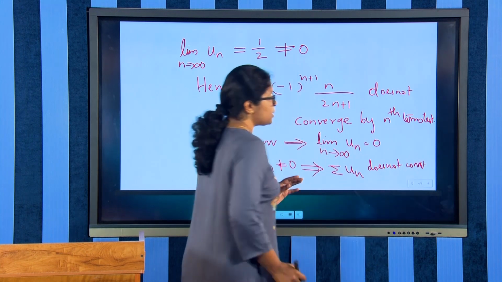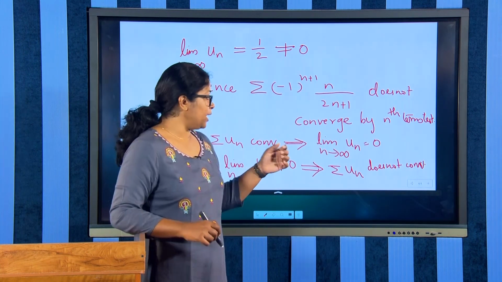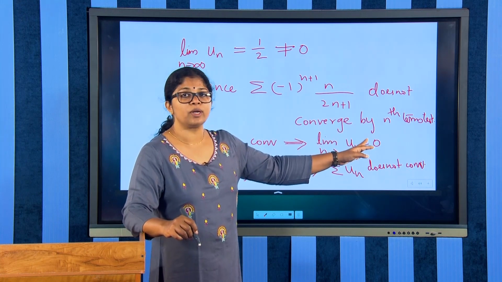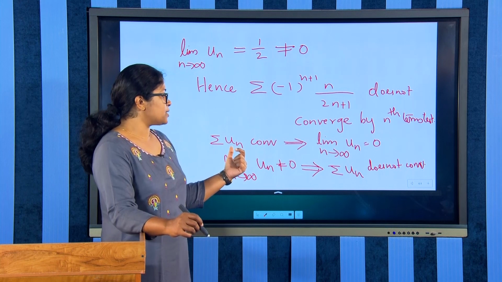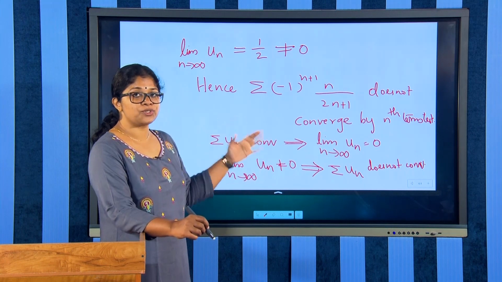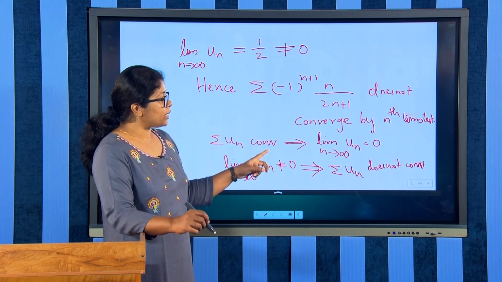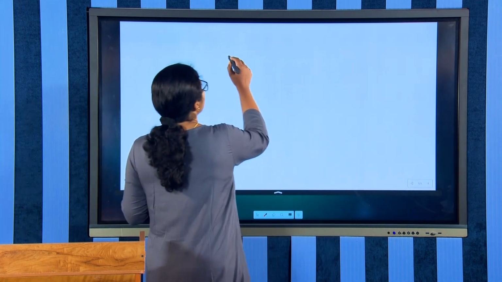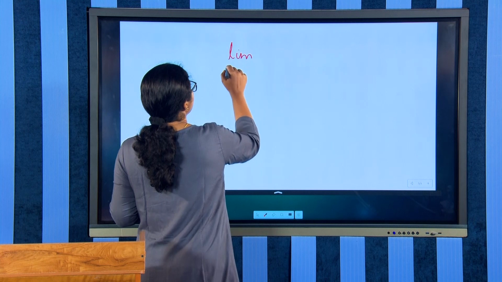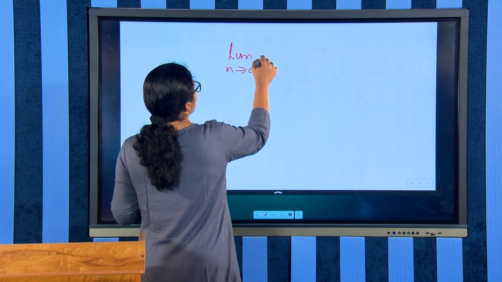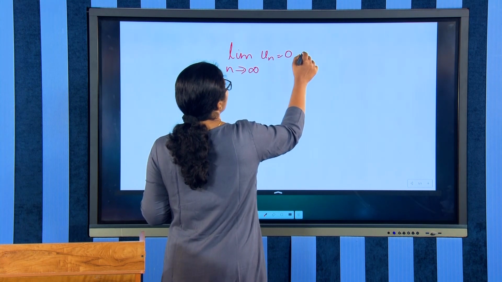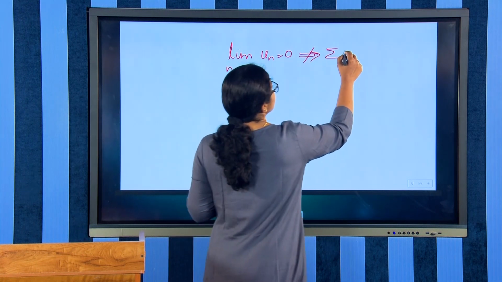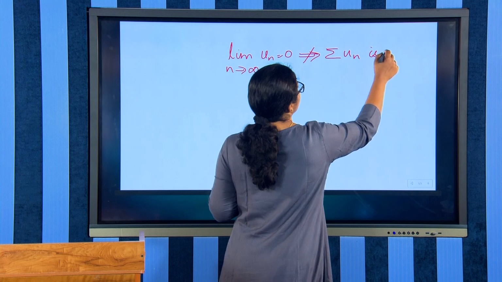Always some students make a mistake. If limit n tends to infinity un happens to be equal to 0, they will say that summation un converges, but that is wrong. The counter example is sigma 1 by n. Limit n approaching infinity un equal to 0 does not imply summation un is convergent.